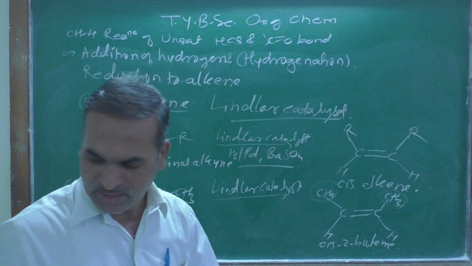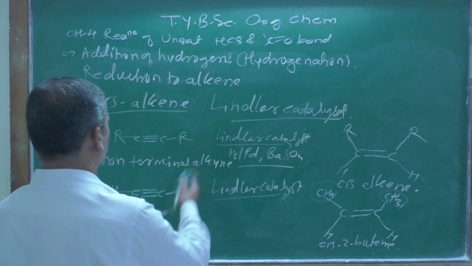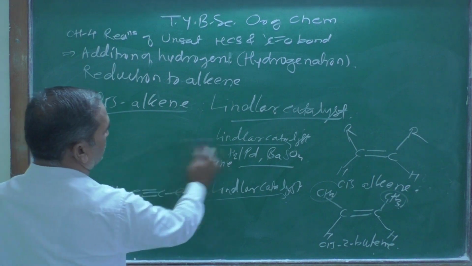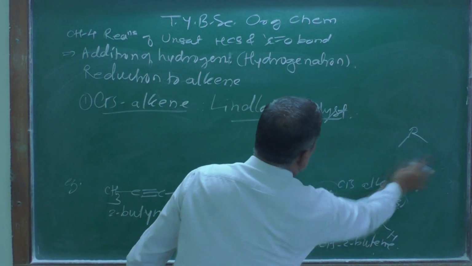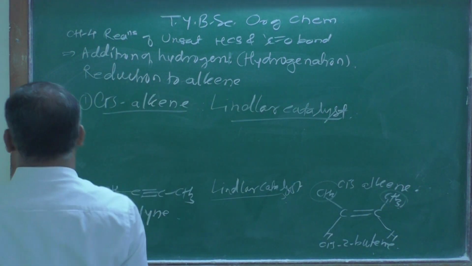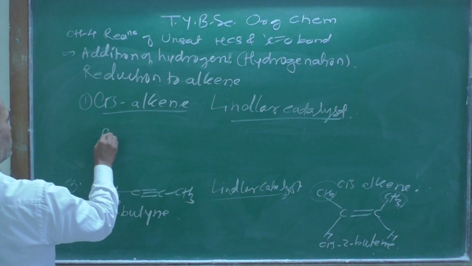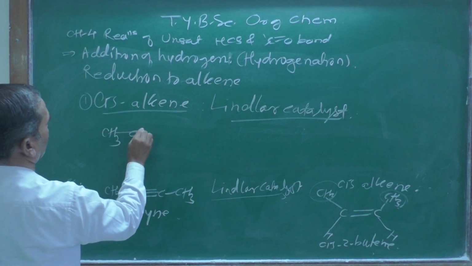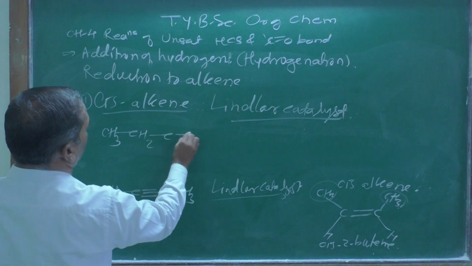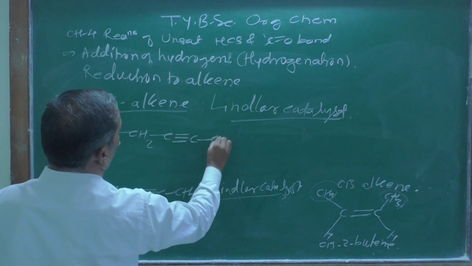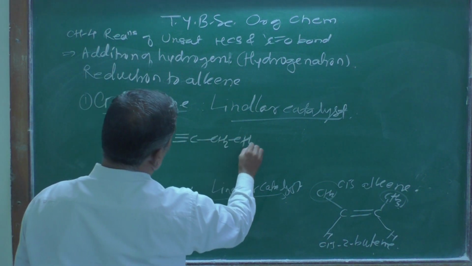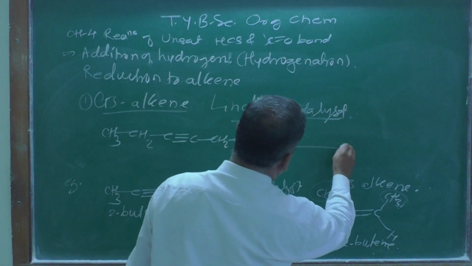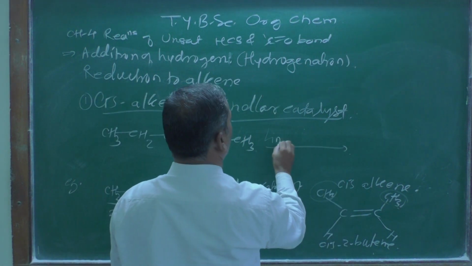Right? And let us see one more example. Suppose R is equal to this compound: CH3, then CH2, C triple bond C, then CH2, then CH3. Now it will be treated with Lindlar catalyst.